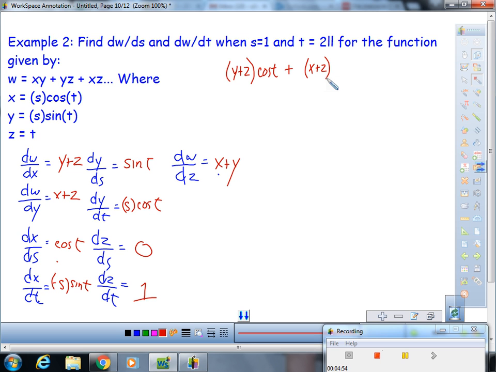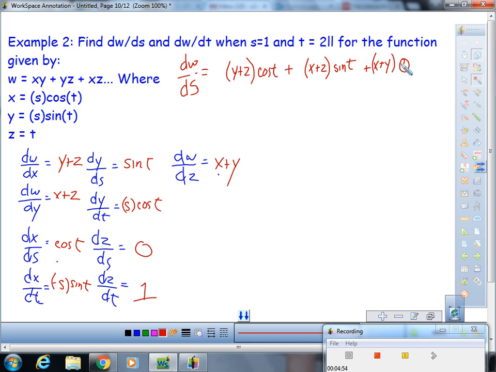I better write down what we're doing. dw dt, right? Is that what we're doing? ds. Yep, that's what I thought. Okay, so this was dw dy times dy ds. Where's dy ds? Sine of t, plus x plus y times 0.